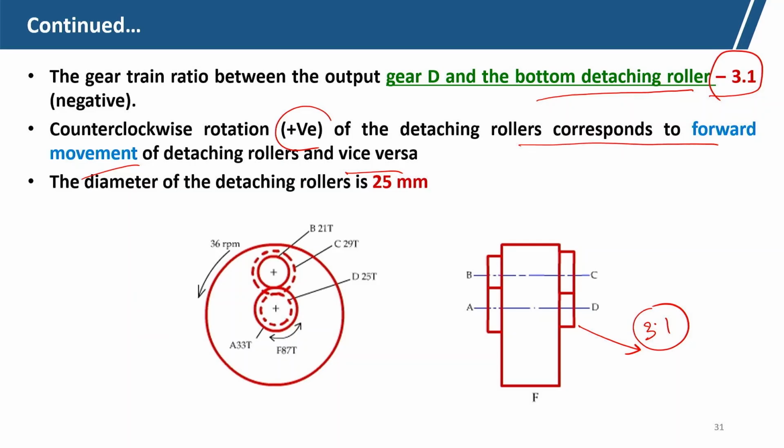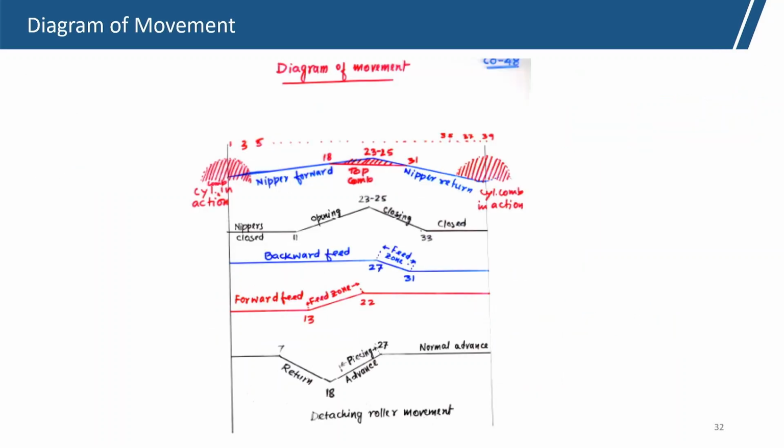The diameter of the detaching roller is assumed to be 25 millimeter in this calculation. Now, here we can see the diagram of movement that we have already discussed. Here we will only concentrate on the detaching roller portion. It is a 40 index number.